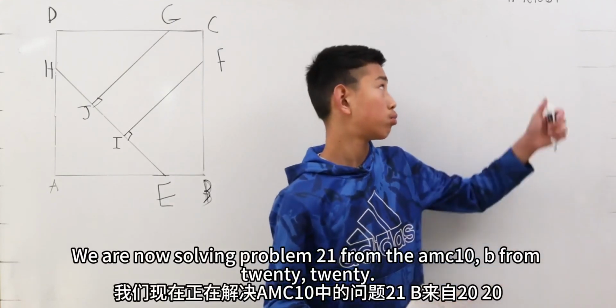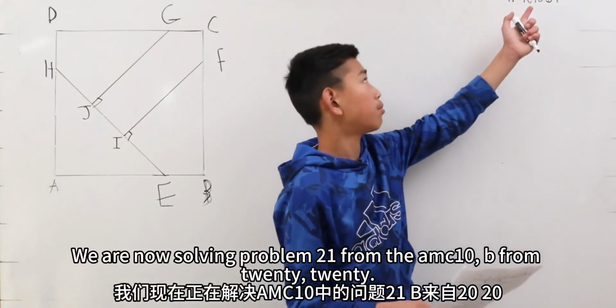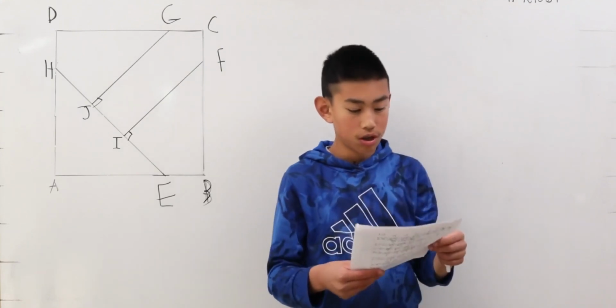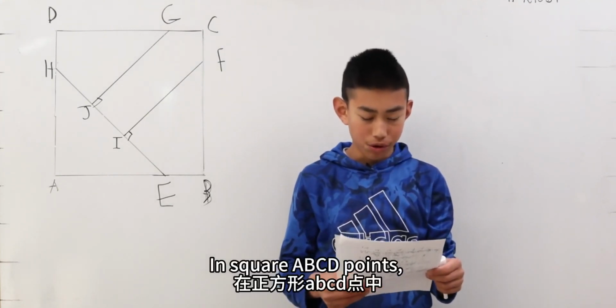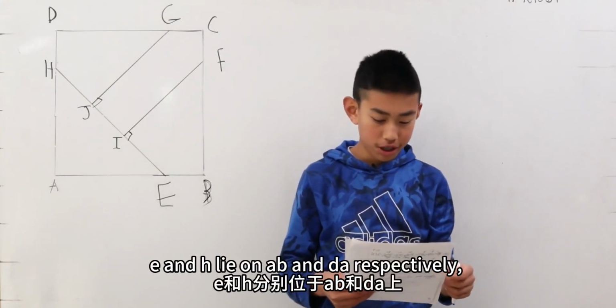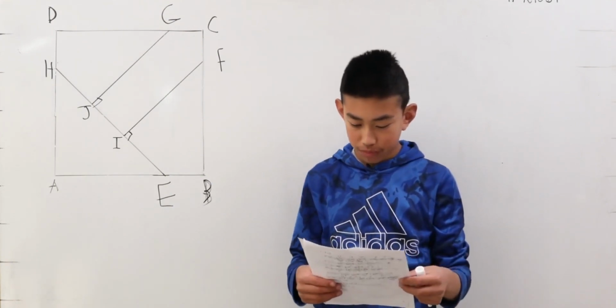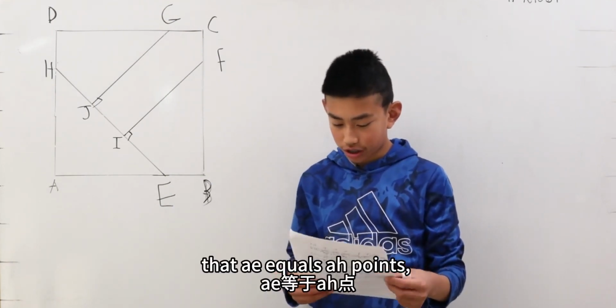We are now solving problem 21 from the AMC 10B from 2020. In square ABCD, points E and H lie on AB and DA respectively, so that AE equals AH.